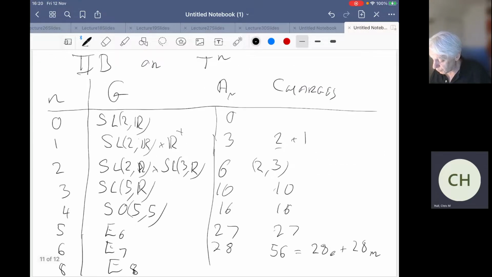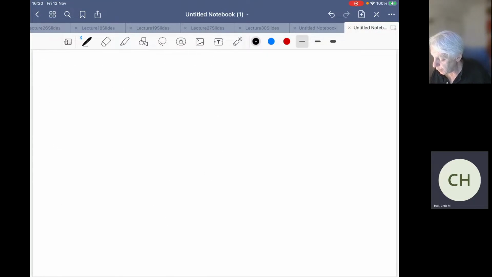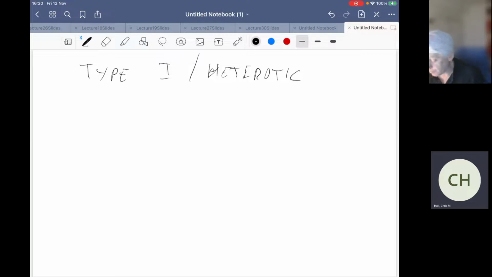So before doing that, let me just also say, this is the groups which arise from the 2B on the N torus. I should also mention that for type 1 or heterotic, the group which arises from compactification on the torus turns out to be different.